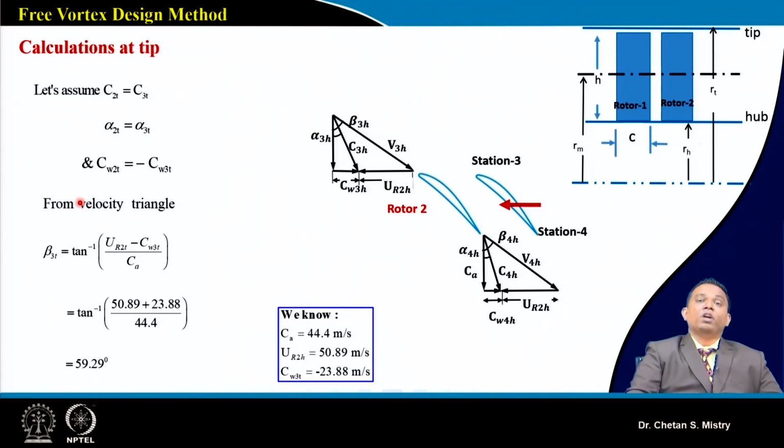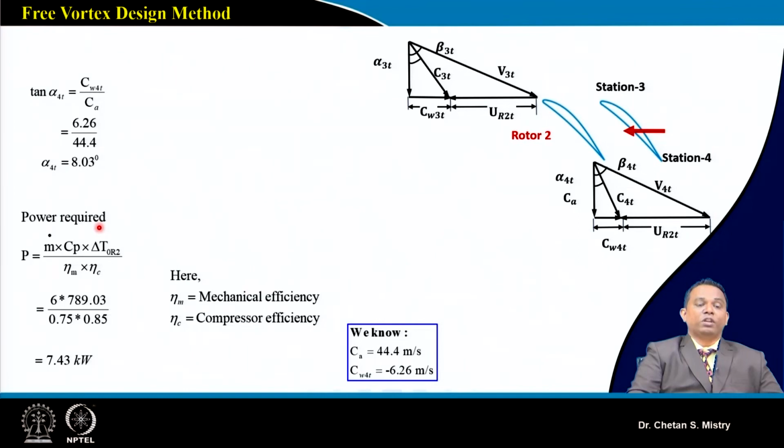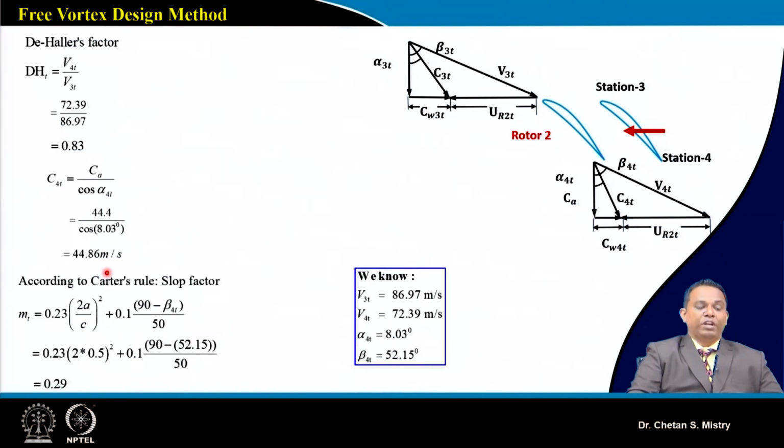So be careful here. In this case, the calculation for beta 3 is mainly based on which whirl component we are calculating. Now, when we opt for our free vortex design concept, we can do our calculation for delta beta, and in terms of relative velocity components we can calculate our de Haller's number.